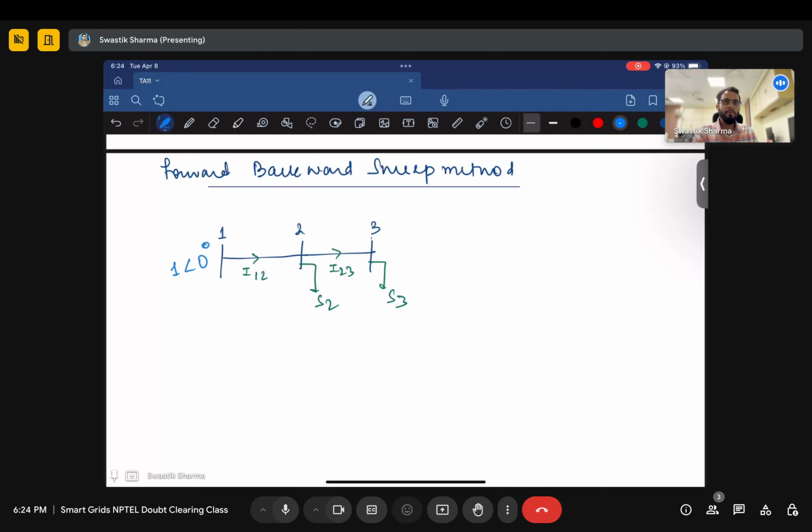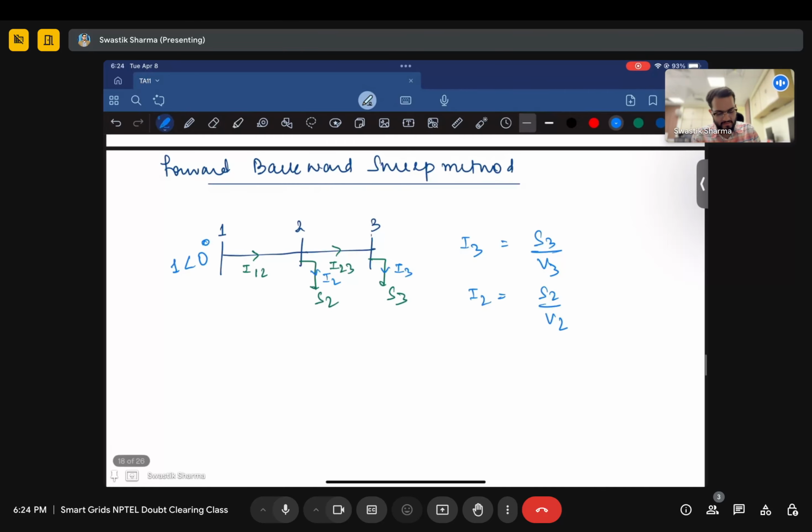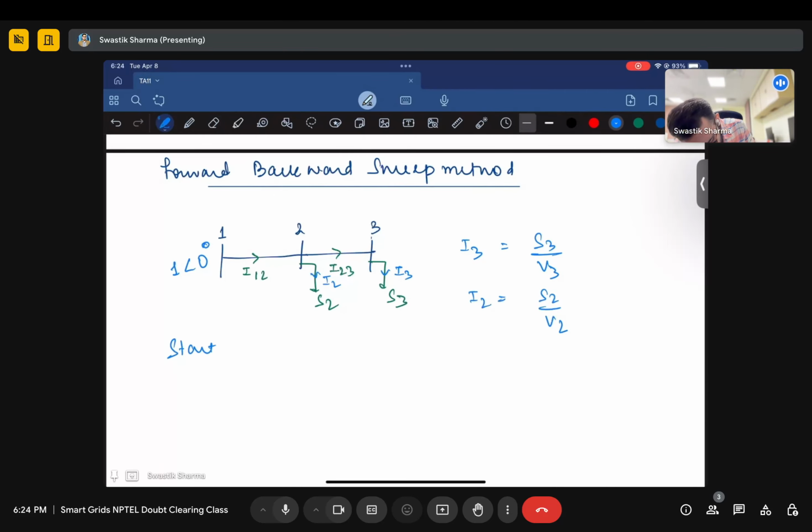Now first, it's easy to calculate the individual currents. If I want to calculate I3 and I2, what do I need to do? I3 is nothing but S3 by V3, and I2 is nothing but S2 by V2. So assume a flat voltage start. That means keep V2 and V3 as 1 angle 0.